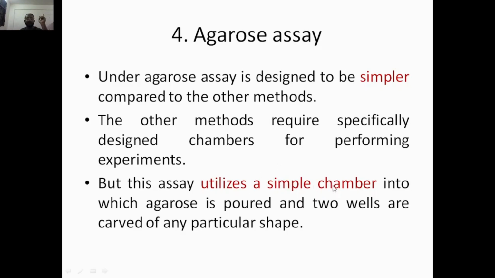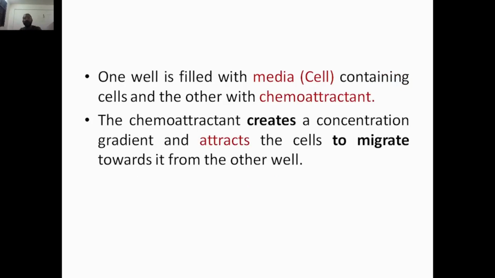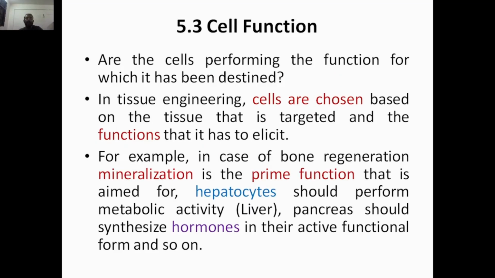This assay utilizes a simple chamber into which the agarose is poured to make a gel, and two wells will be formed, which can be punched or carved. You can make two different wells and load one well with the media, another well with the chemoattractants. The chemoattractants create a concentration gradient and attract the cells to migrate towards it from the other well, so that the cell migration can be seen.